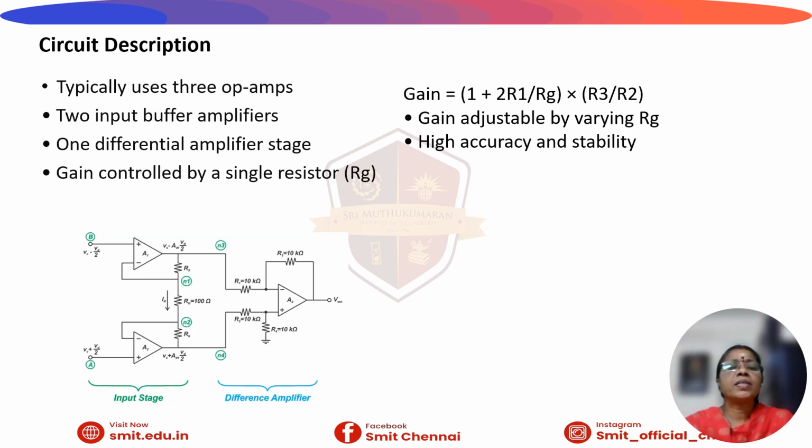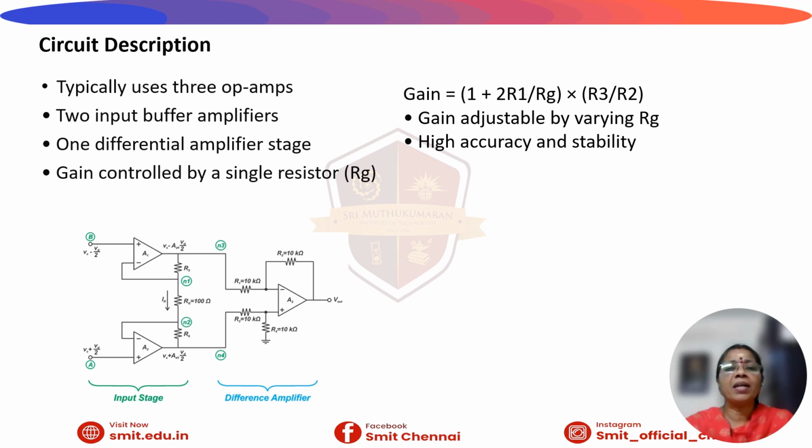The circuit is designed using three op-amps, which is shown in the circuit diagram as A1, A2, A3. The first two, A1 and A2, are the two input buffer amplifiers, and stage 2 consists of a single amplifier, one differential amplifier stage. It performs the subtraction, and the gain is calculated from the output of the third amplifier A3.